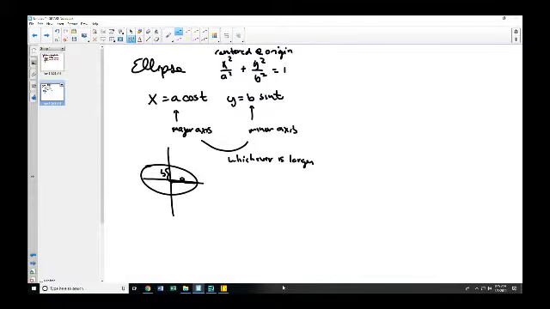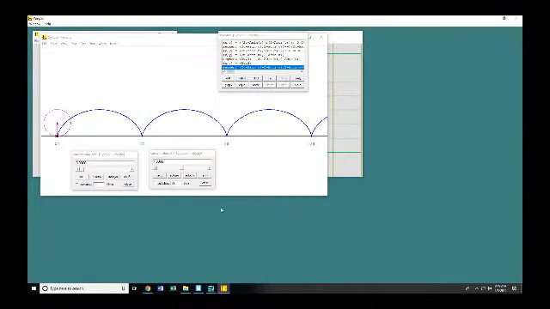A cycloid looks like this. See, there's your point on your bike tire, right? So as the tire spins, that's the path that's traced out. And if you just keep going, boing, boing.